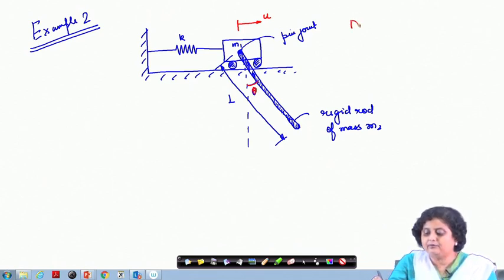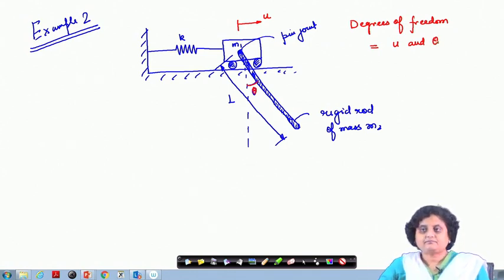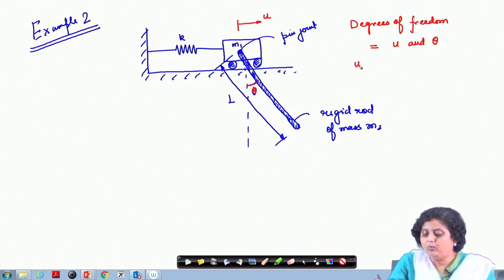So, degrees of freedom for this system are u and theta. Therefore, my u1 is going to be u, and let me call u2 as theta.